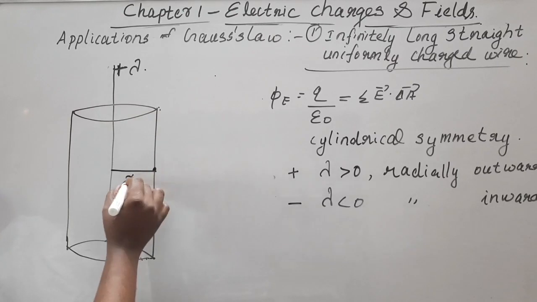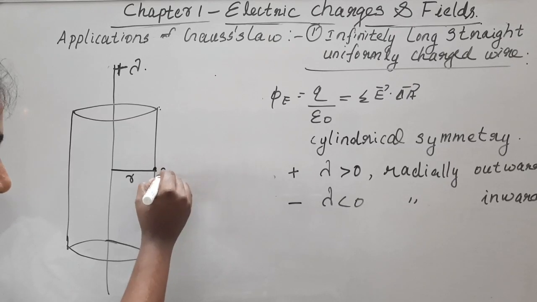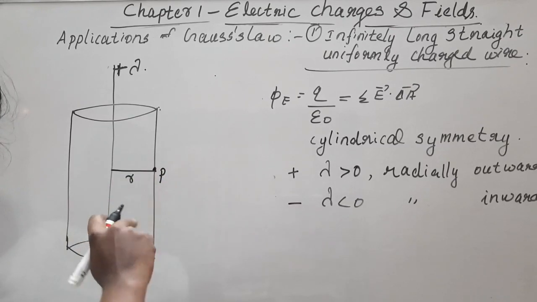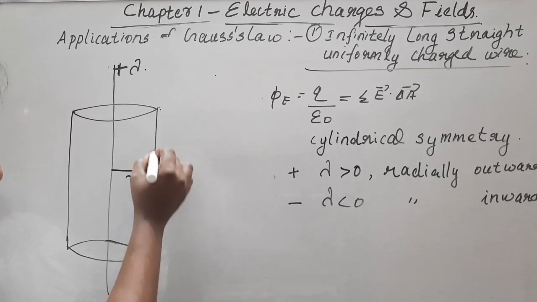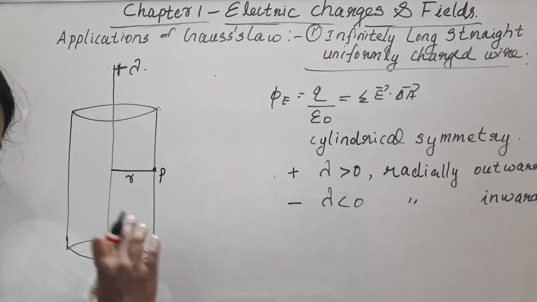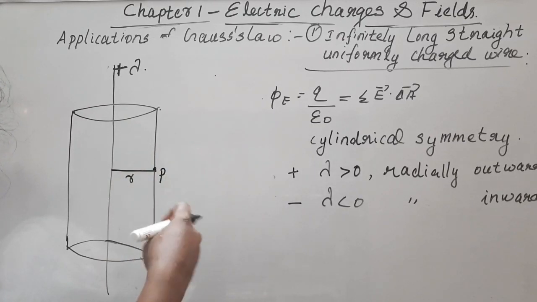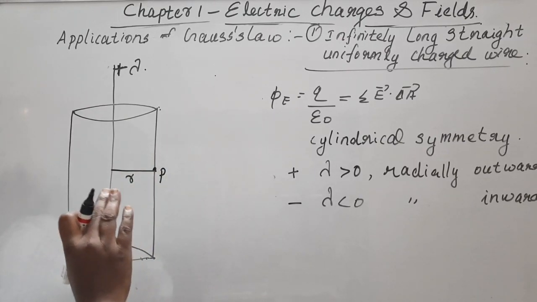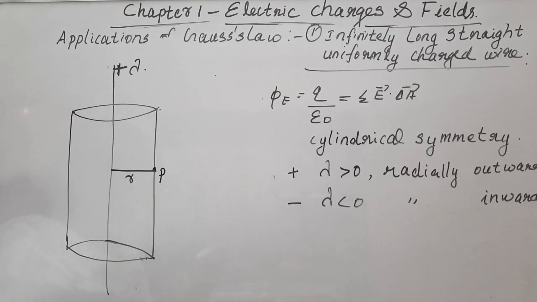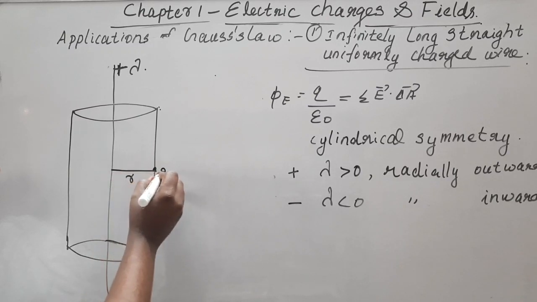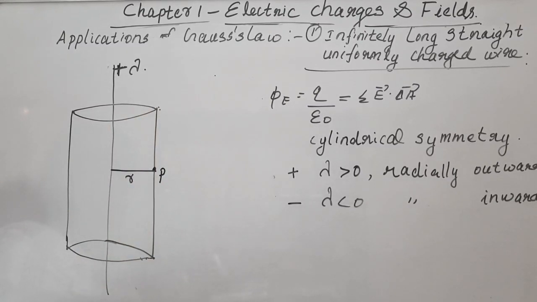So at a point P, which is at a distance R from the wire, we need the electric field. So P should be on the surface, at the periphery of the Gaussian surface. That distance to the point P comes as the radius of the Gaussian surface.